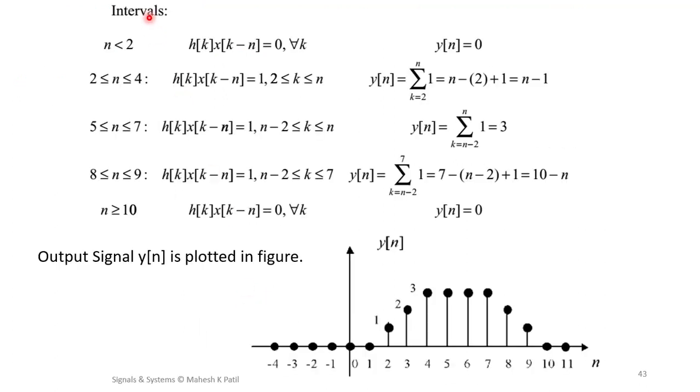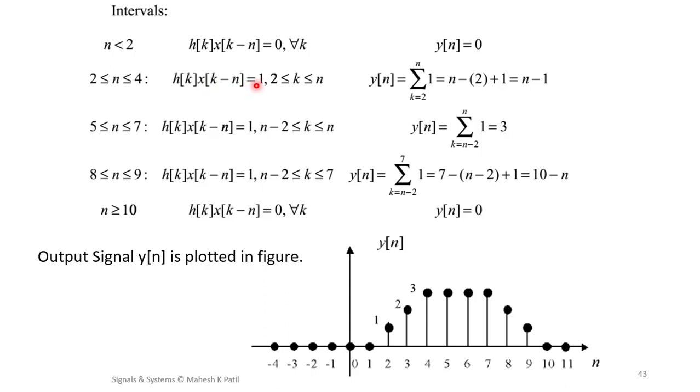Now we'll consider the different regions. First region is n less than 2. So we'll write h of k into x of k minus n. This answer is 0, therefore y of n is equal to 0. Now for the region n in between 2 to 4, it is h of k into x of k minus n.